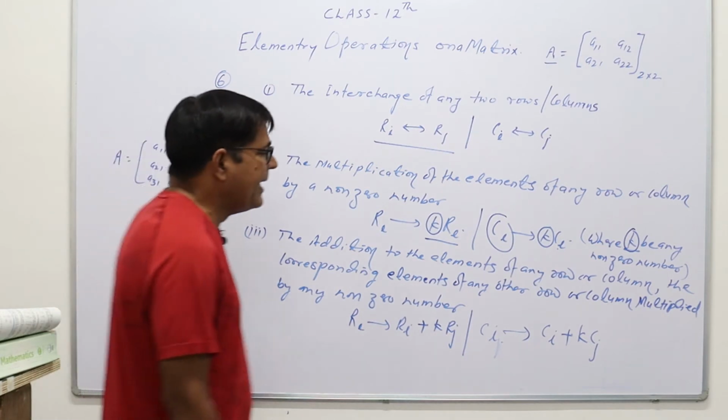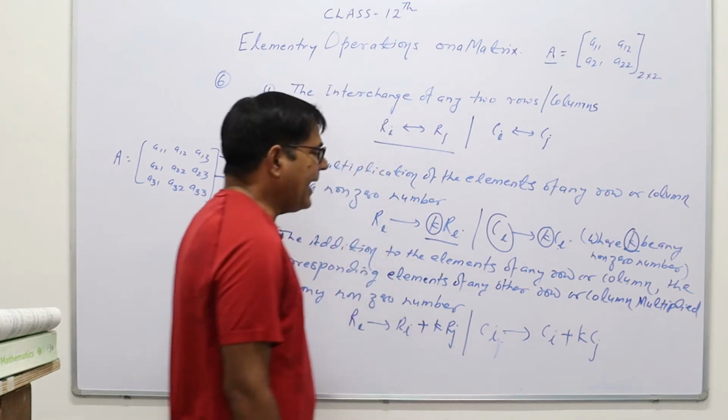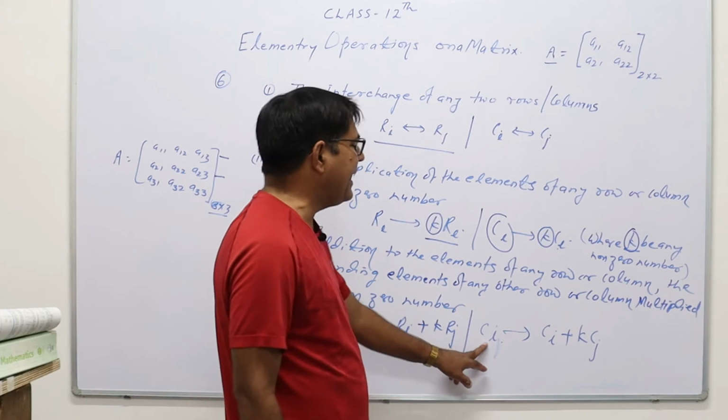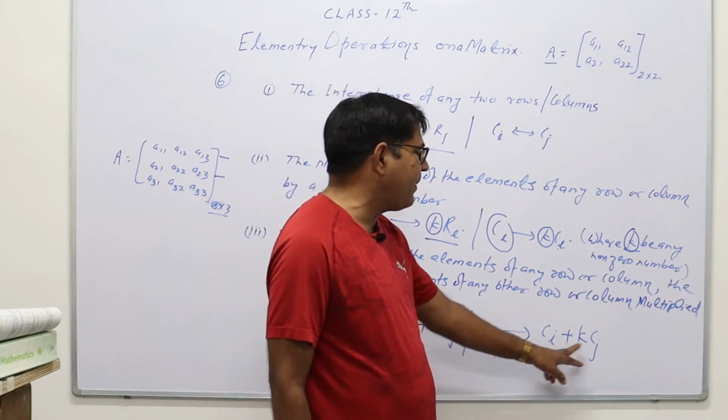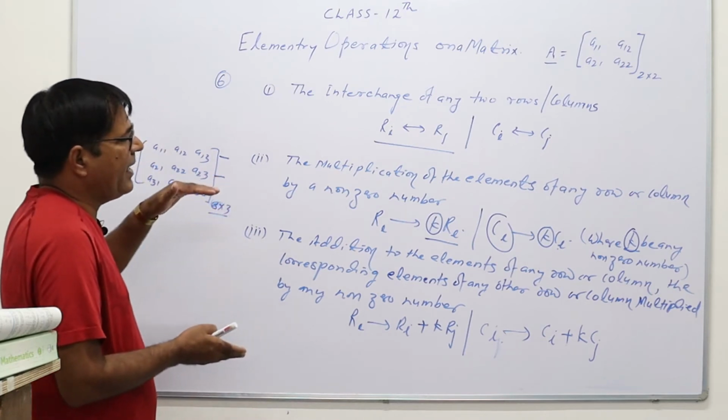Similarly, if we multiply the jth column by the scalar k and add it to the ith column, then Ci will be replaced by Ci plus kCj. So these are the basic 6 elementary operations.